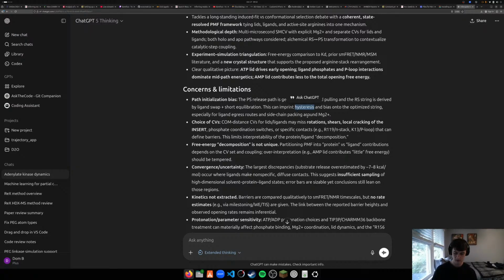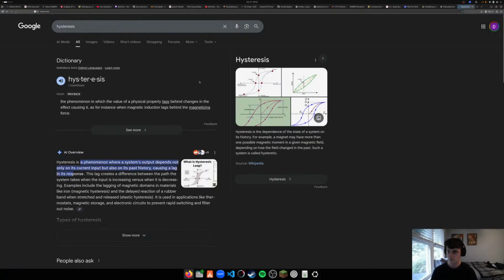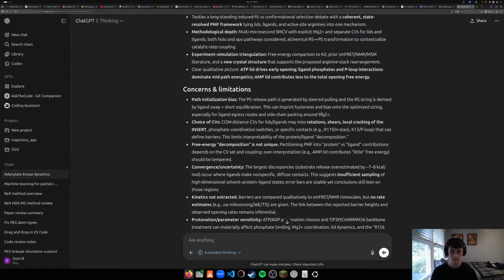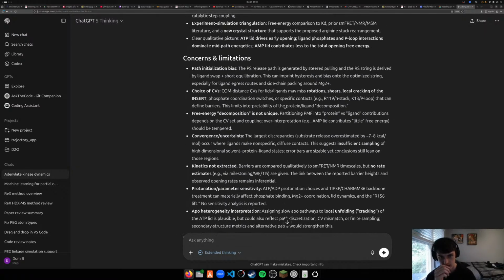I don't know what that means. I think actually that's a good word. So when you substitute the ligands, it's gonna have some hysteresis, meaning like lag time to catch up to what it's supposed to be at.